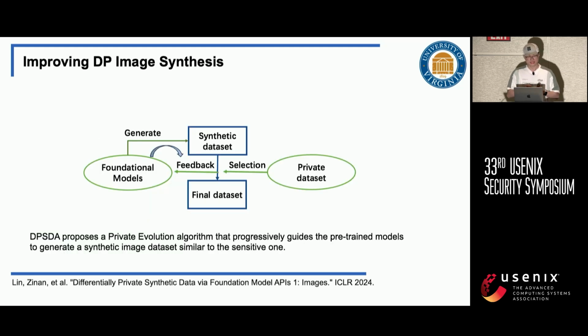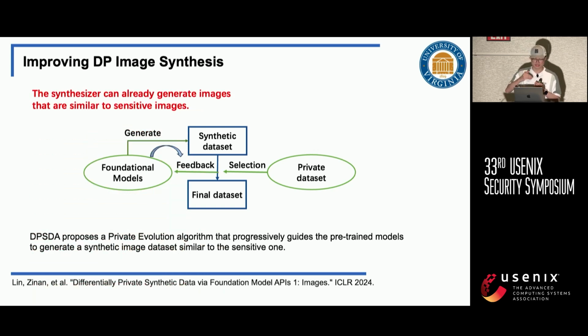So, there are some works on overcoming it and improving the DP image synthesis performance. In this paper, they propose that if we have foundational models, we can use them to generate a synthetic dataset at first. And then we can make this synthetic dataset closer to the private dataset.